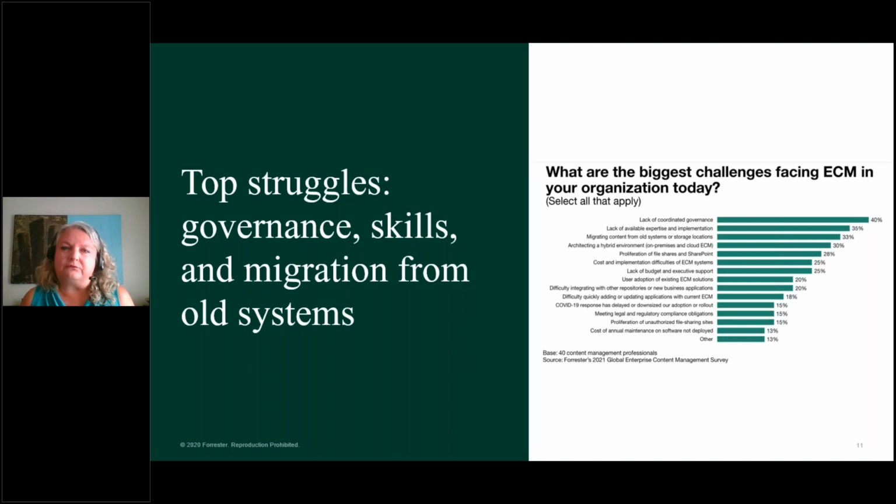So we're keeping things for the right period of time. We're securing things if they need to be. That's becoming a top struggle, again, as we see a rise across the globe in data protection and privacy legal changes. Second and third top challenges, lack of expertise and implementation, and third is migrating content from older systems.